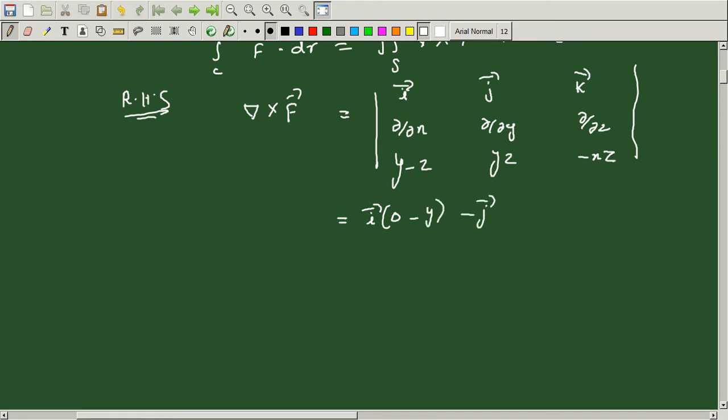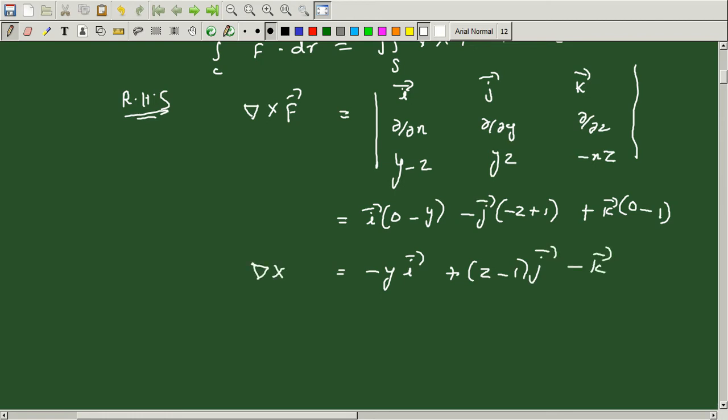Similarly, minus j vector into minus z plus 1, plus k vector: with respect to x it is 0 and with respect to y it is minus 1. Simplifying this, we get minus y in the i direction, taking the negative inside, plus (z minus 1) into j vector, minus k vector. So this is the value of del cross F vector.